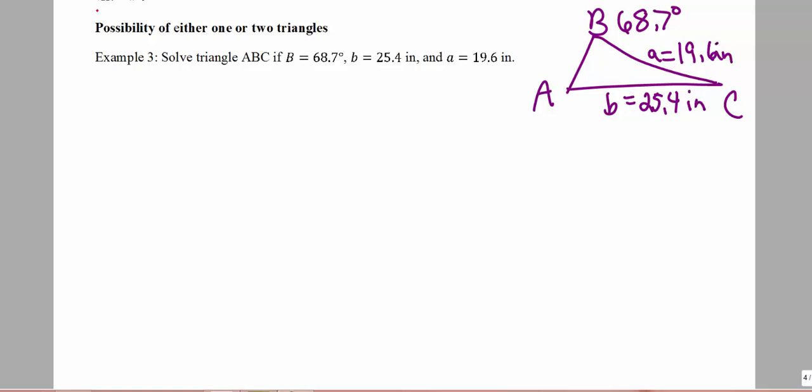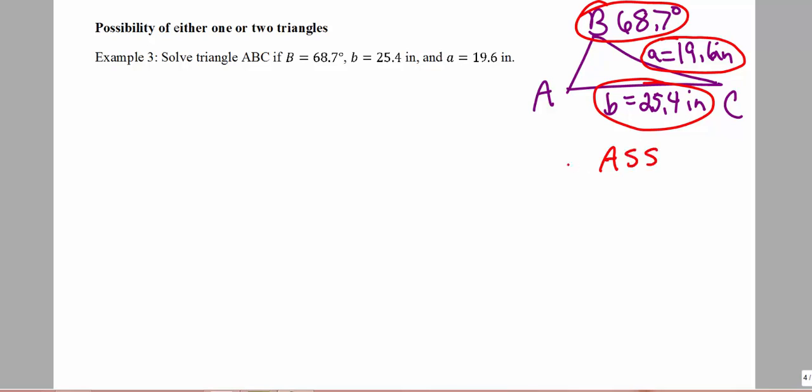And we want to see what congruence axiom, if any, that we are working with. Well, it looks like we're given an angle, and the next thing we see going around is a side. We don't know angle C, so we know another side. So we know angle, and then a side, and then a side.